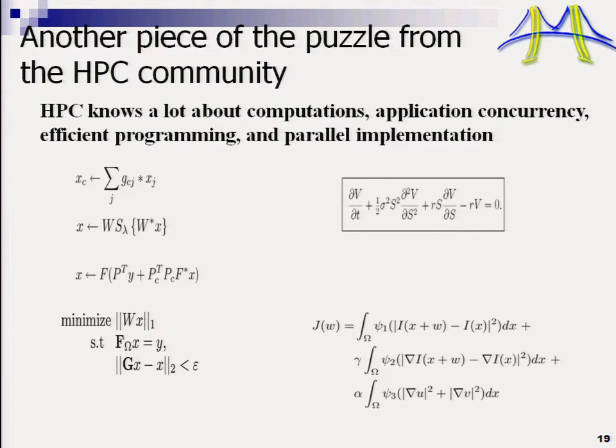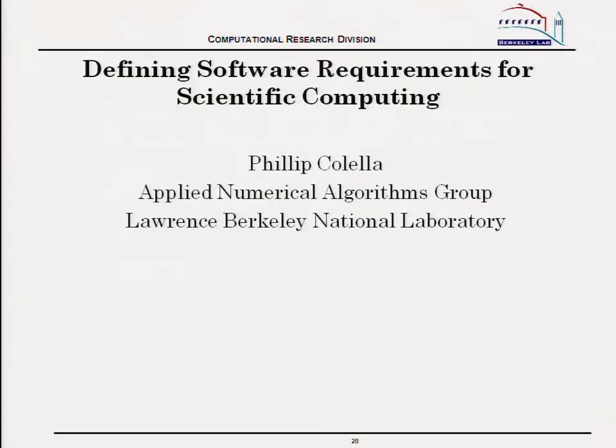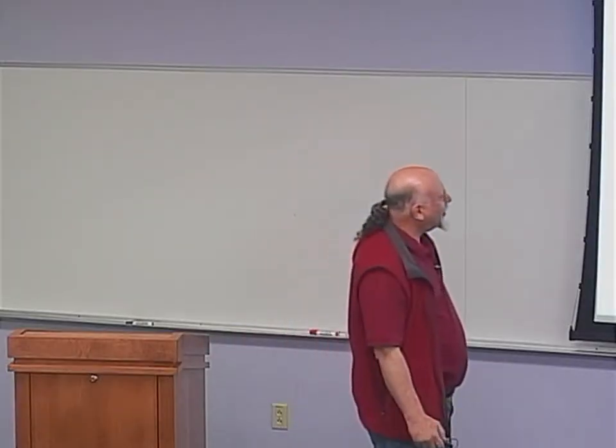We might mention in passing that algorithms are important, but if you want to know who really knows about computation, I think the high-performance computing community knows a lot about computations, concurrency, efficient programming and parallel implementations. One high watermark of this was a lecture where Phil Colella went up to talk to DARPA, probably to get some money, and talked about software requirements for scientific computing.